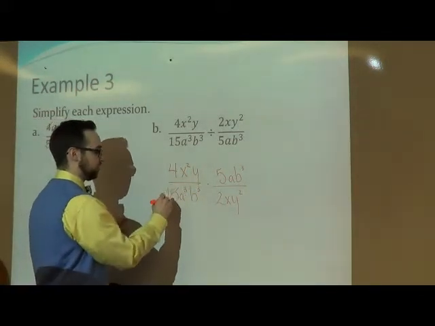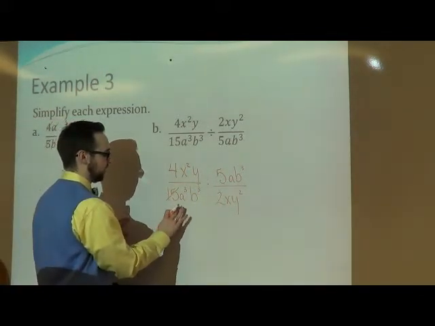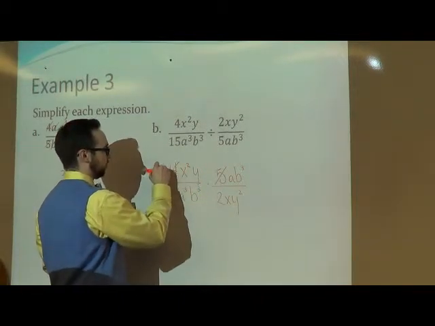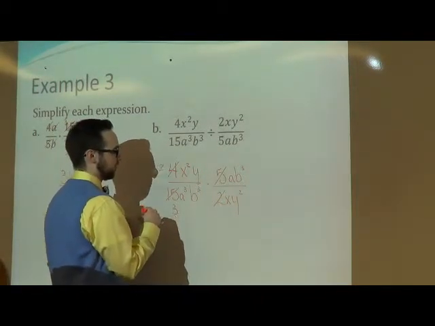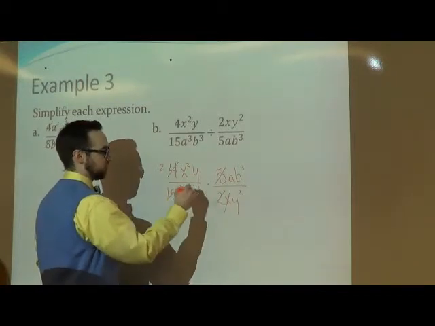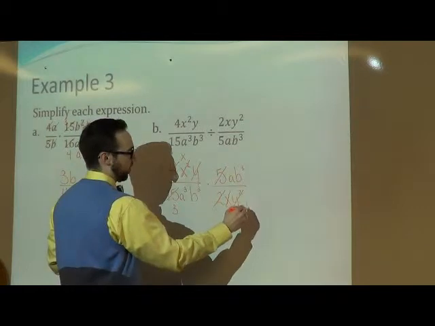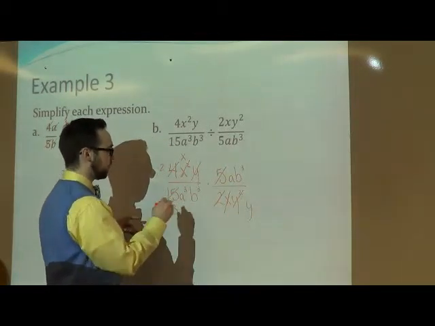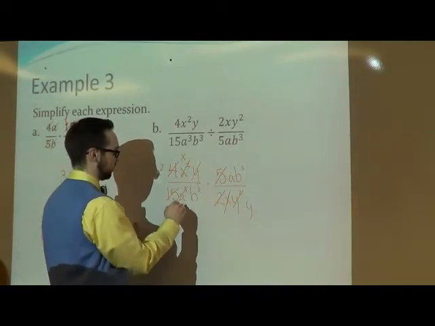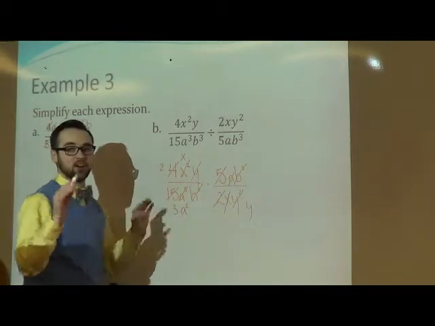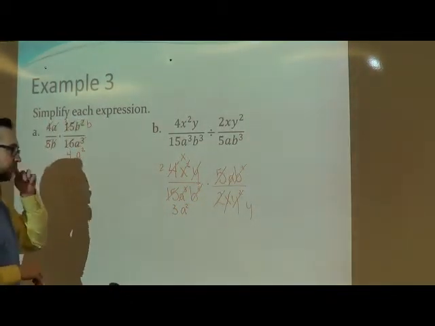So now the 15 and the 5, so I'm left with a 3 down here. The 4 and the 2, so I have a 2 up here and a 1 down here. Again, the x's, so that'll leave me with 1x on top. The y's, so I'm left with a y on the bottom. The a's, so I'm left with an a squared on the denominator. And the b's are both cubed, so they're just gone. They both cancel out together.